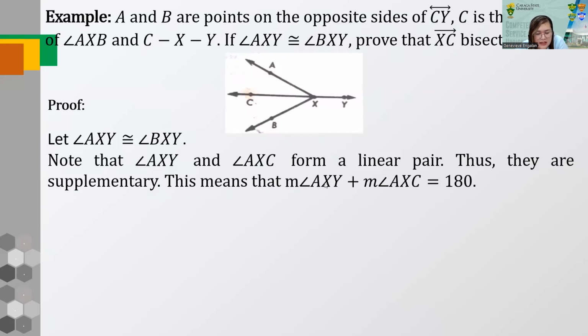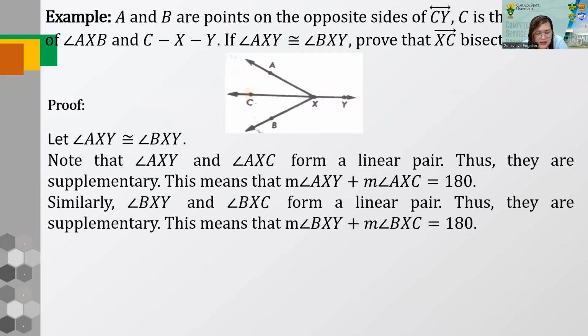This means that measure of AXY plus measure of AXC is equal to 180. Okay, similarly, BXY and BXC form a linear pair. Thus, they are supplementary. So this means nga ang measure ni BXY plus the measure of BXC is equal to 180. Kay 180 man na sila puros.